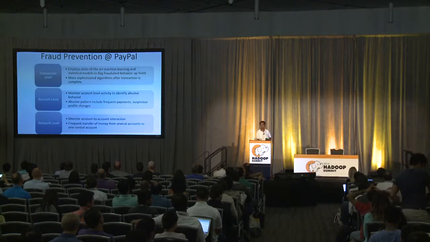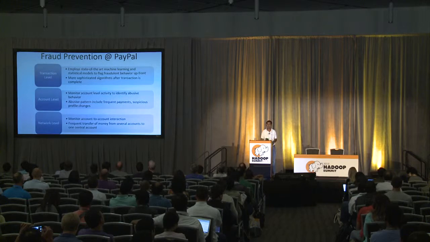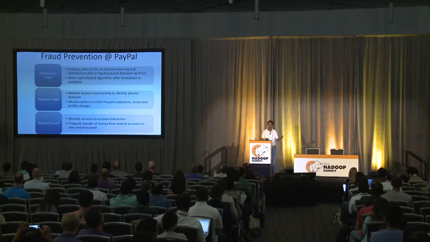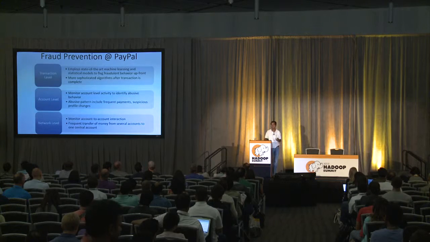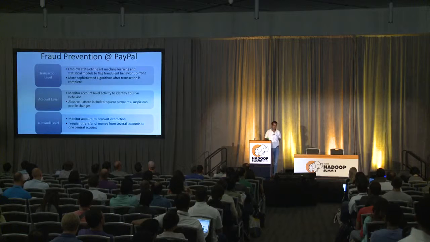At the account level, we monitor various activities. Some of the activities, for example, could include frequent payments or profile changes. If somebody tried to make a payment or purchase some item a few minutes back and changed their address from the US to Australia, that could potentially trigger our fraud detection system.